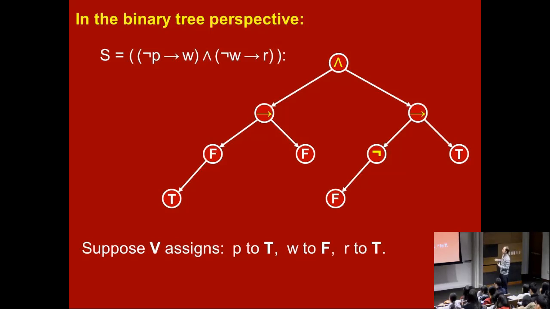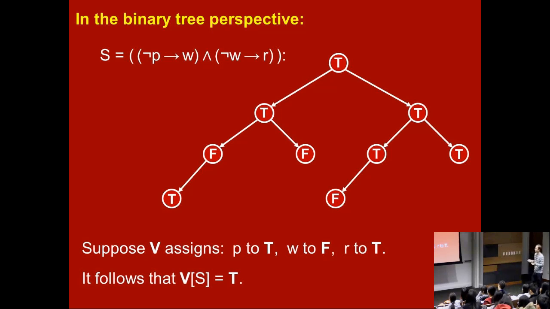This is negation of true, that's false. And this is negation of false, that's true. Then we have false implies false is true, true implies true is true. We get up to the root, and the root has the truth value of the whole formula. So in this case, under this truth assignment, the whole formula is true. Apparently, it's possible that I'm both playing tennis and reading about tennis simultaneously.